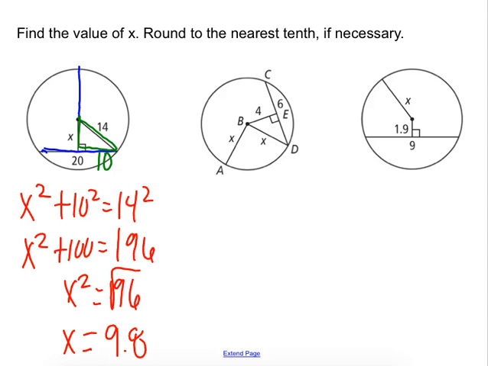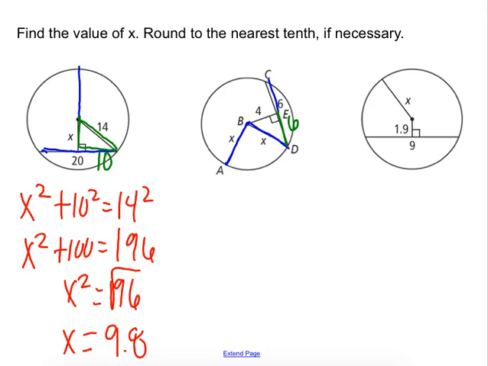Okay? Moving on to this middle guy here. So it looks like we're looking for a radius. That's all we're looking for here. Now, half of this chord is 6, and this half must also be 6.